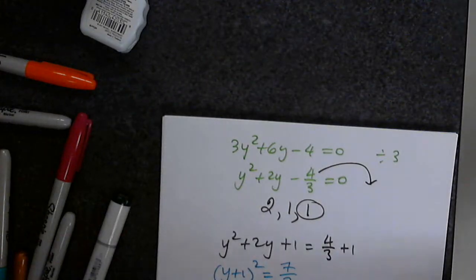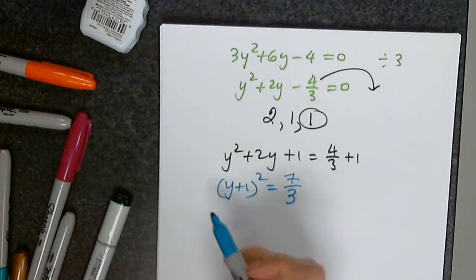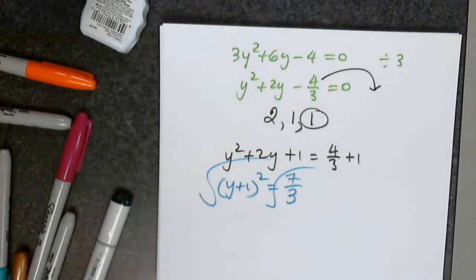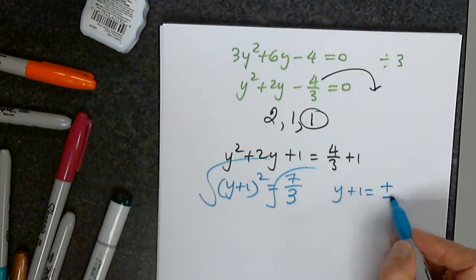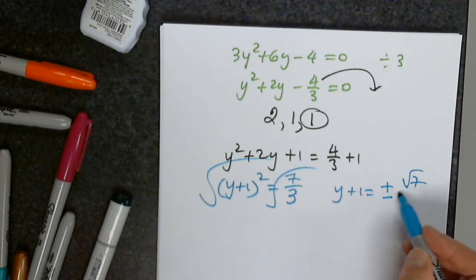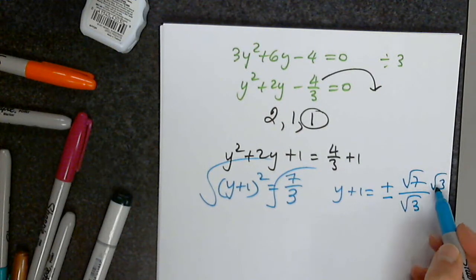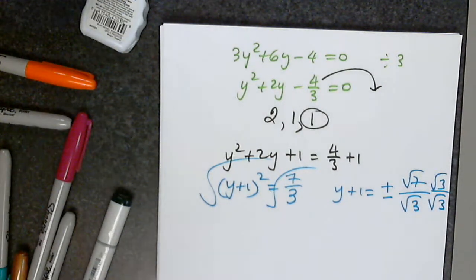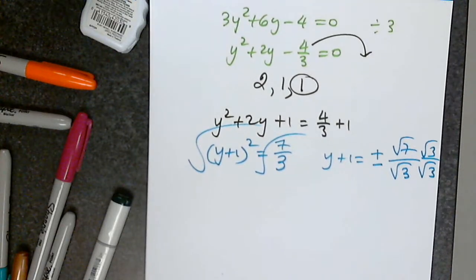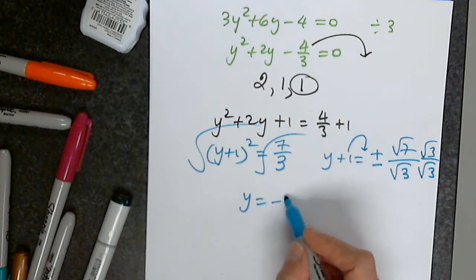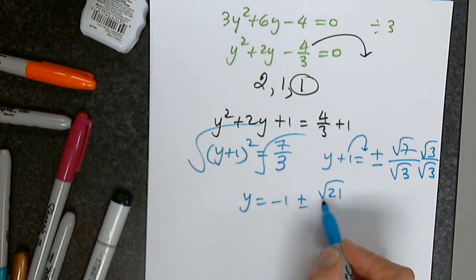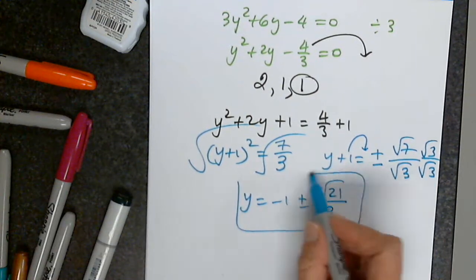However, I can't solve unless I remember that I have to apply now the square root. So then I have y plus 1 equals plus or minus the square root of 7 over the square root of 3, and I have to rationalize with the square root of 3 as we learned in chapter 10. So then y will be, I move 1, negative 1 plus or minus the square root of 21 over 3.